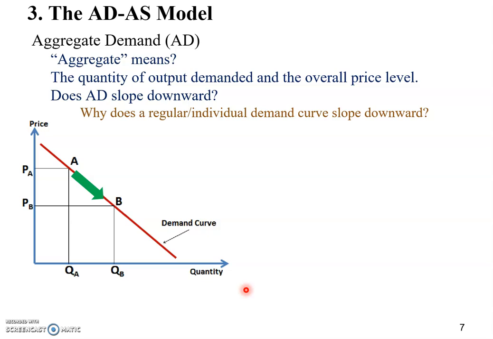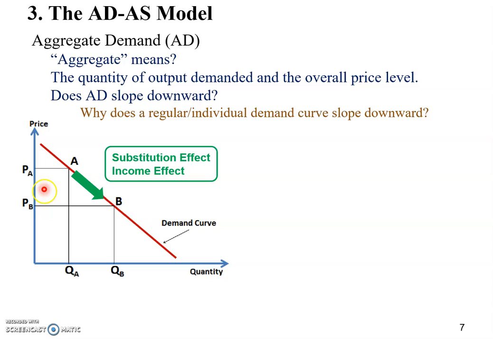In intermediate micro, you should already know that the downward sloping demand curve is actually driven by two effects. It's called the substitution effect and the income effect. Substitution effect means because the price of this product becomes lower, some people would quit purchasing other things, especially the substitutes, and start buying this product.